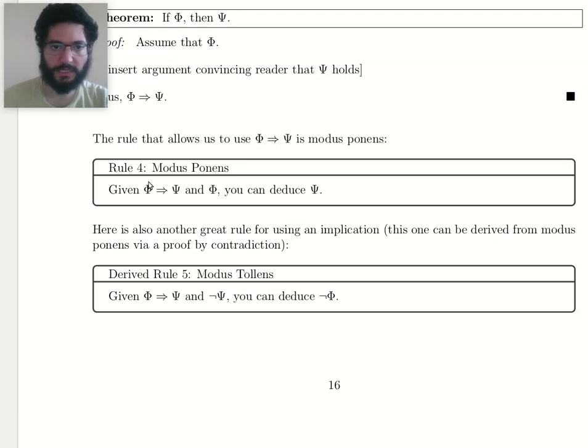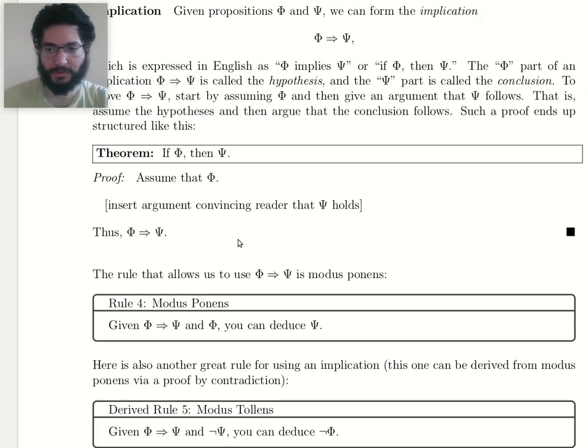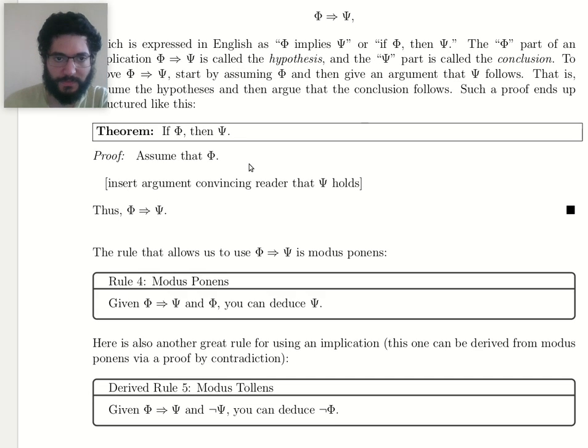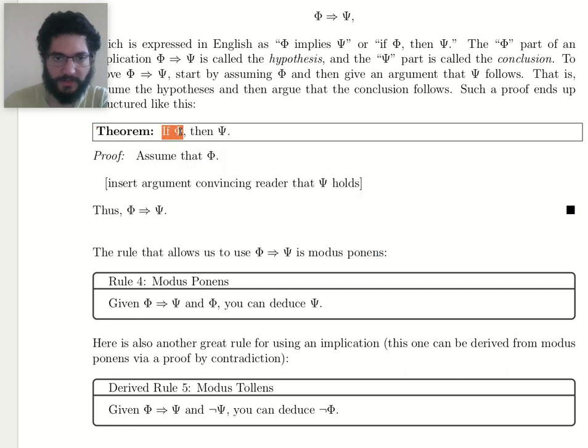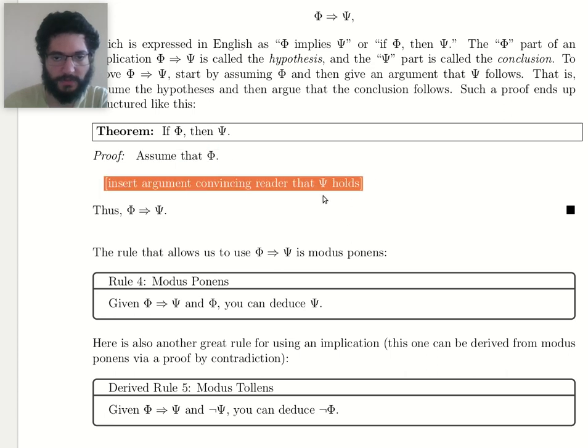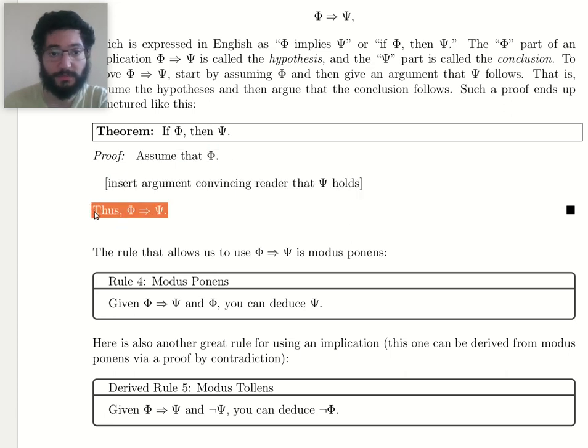All right, here are all the rules actually. Here's everything you need for implications. Here is a template for how to prove an implication. If you want to prove if phi, then psi, then you assume phi, then you have to convince the reader of psi, and that allows you to conclude the implication overall.